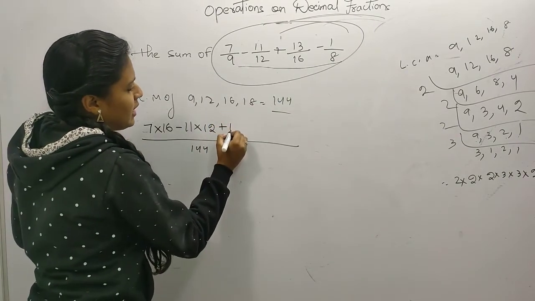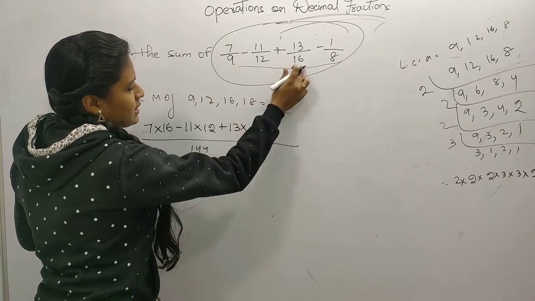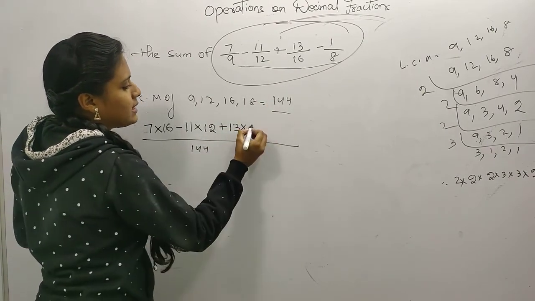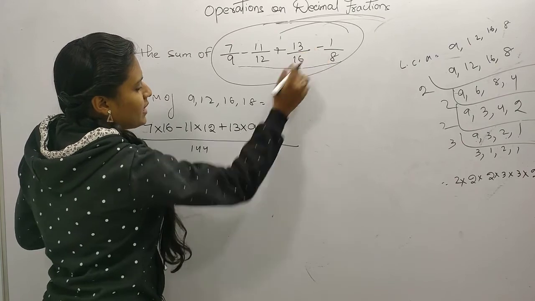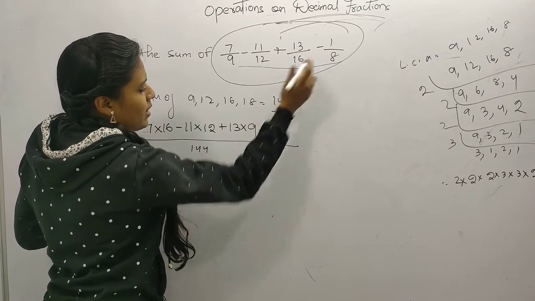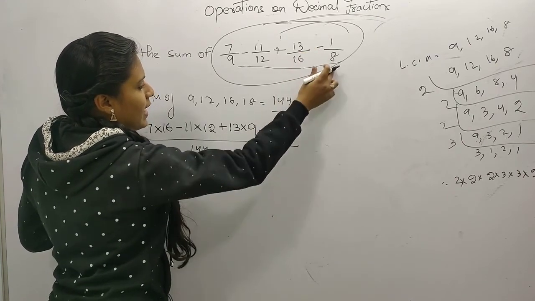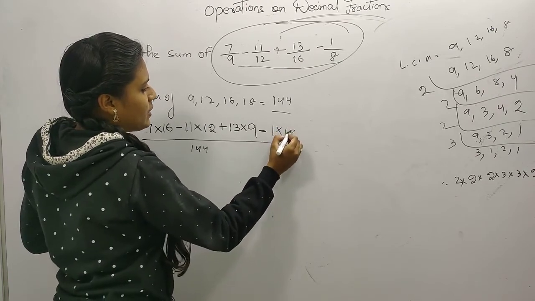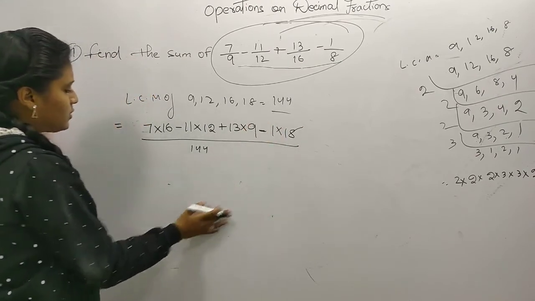Plus 13 into 16, how much makes 144? 16 9s are 144. Minus stays minus. 1 into 8, how much makes 144? 8 18s are 144.